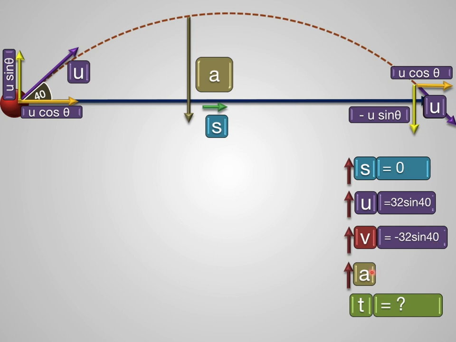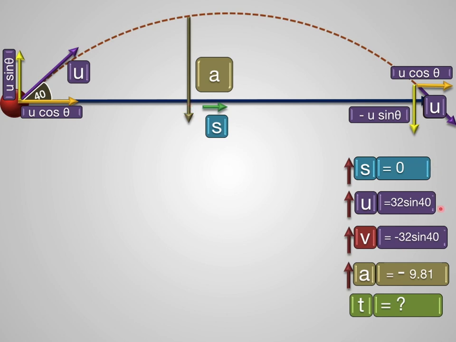Now the vertical acceleration. Since I have taken the upward velocity as positive and downward velocity as negative, I have to take the acceleration as minus 9.81 because acceleration is downward. So the downward final velocity I have taken negative, so the downward acceleration I should also take negative.